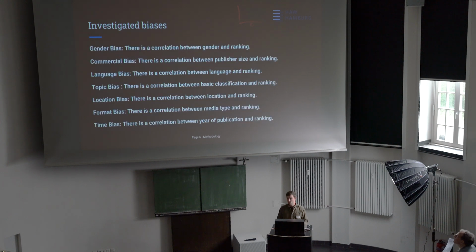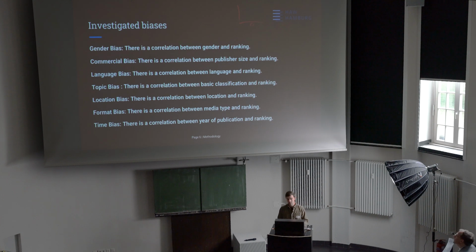And also important is that first we did some research in the literature on what biases are already known, and we found many, but only focused on 7 of them. The gender bias is pretty common in the research already. That means that there is a correlation between the gender of the author and the ranking position.